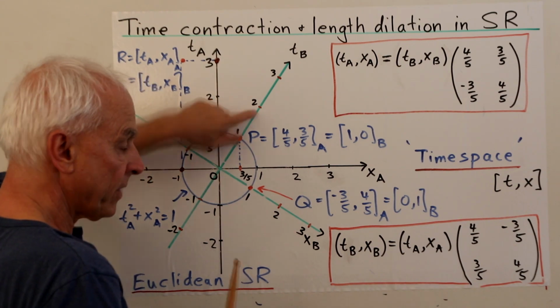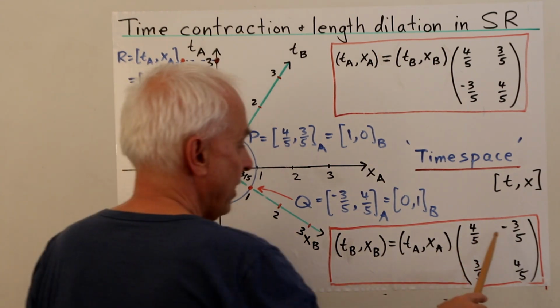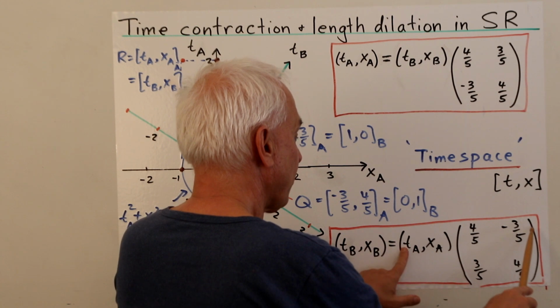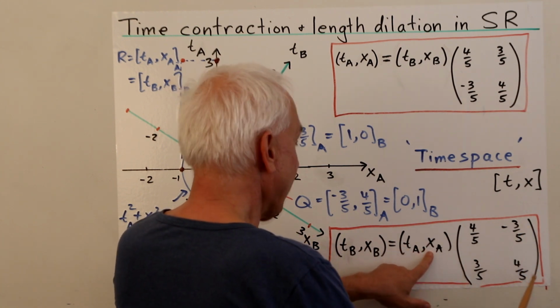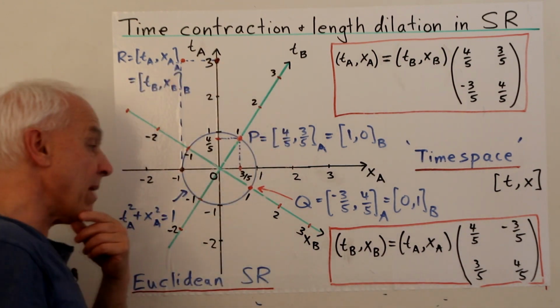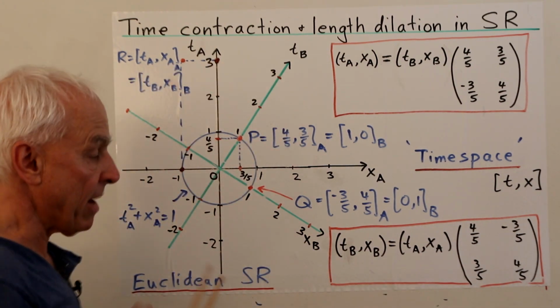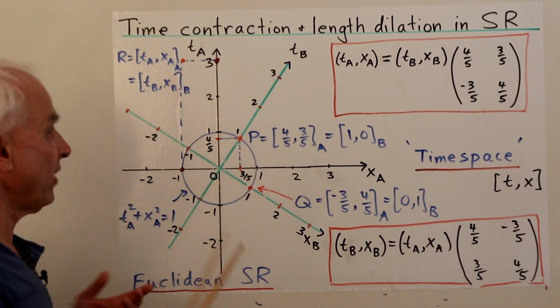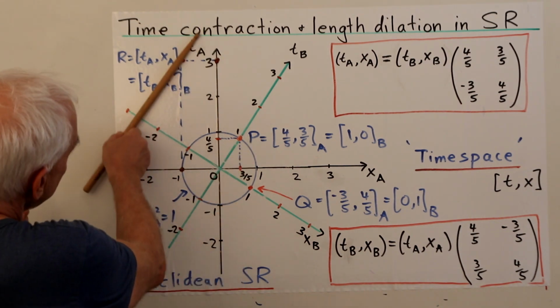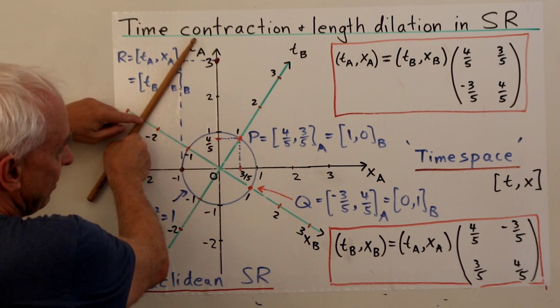That would be there. And the second coordinate would be 3 times -3/5 plus -1 times 4/5. So that's -9/5 - 4/5. So that's -13/5. And -13/5 is between -2 and -3. So if we went like that, yeah, it's sort of pretty close.